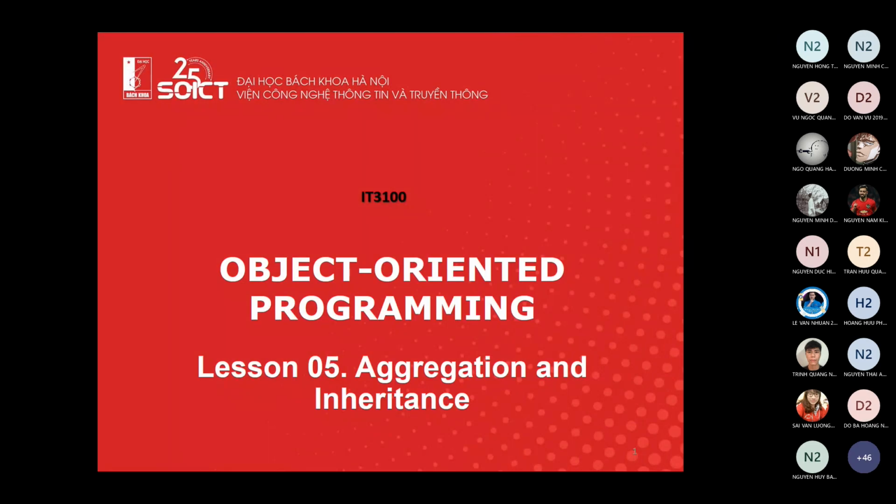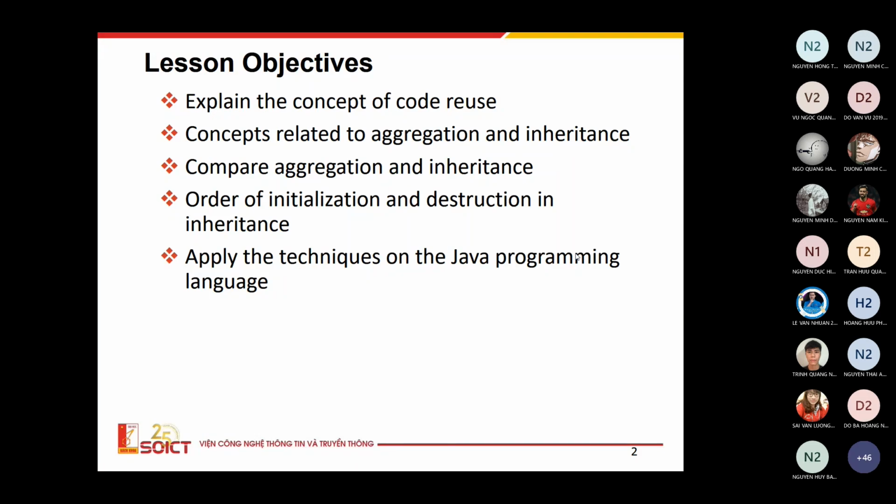Okay, now we come back to lesson 5. In this lesson you will learn about aggregation and inheritance in OOP. The objective of this lesson is to explain the concept of code reuse and the concepts related to aggregation and inheritance.